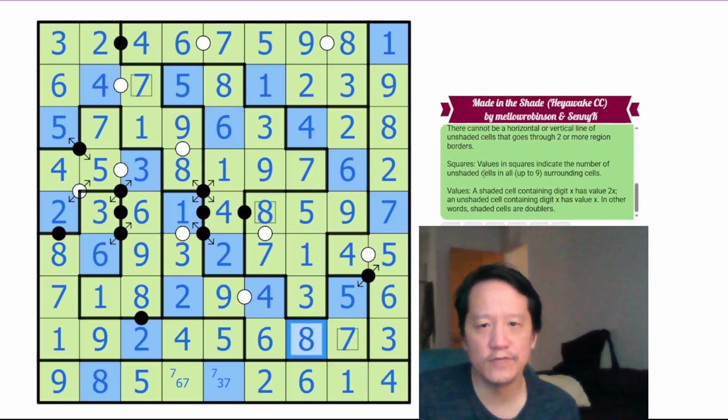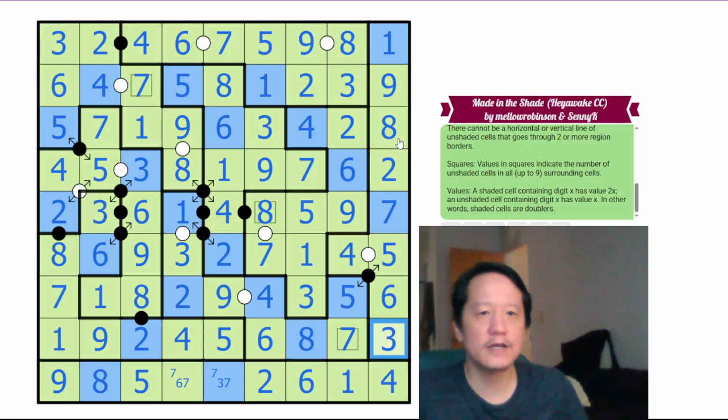Let's do squares. That's easier. 7 unshaded cells around this 3 by 3. 8 unshaded cells here. 7 unshaded cells here. And Heyawake.